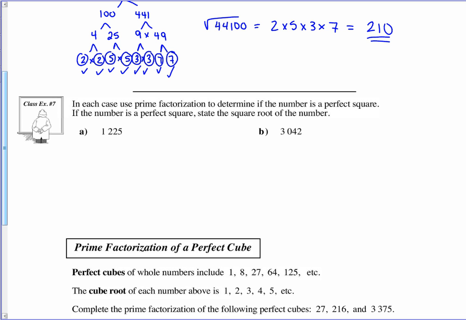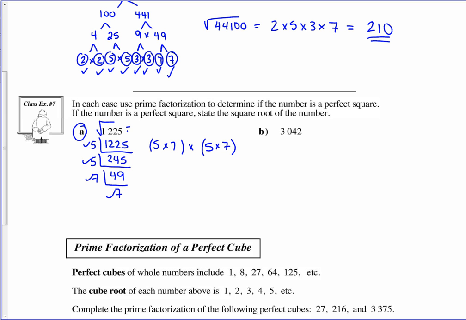Okay, I'd like you to try A. Yes, it is. Okay, we can split it into 2 equal groups. As long as there's an even number of each prime. So there's 2 5s. Good. There's 2 7s. So what would be the perfect square?